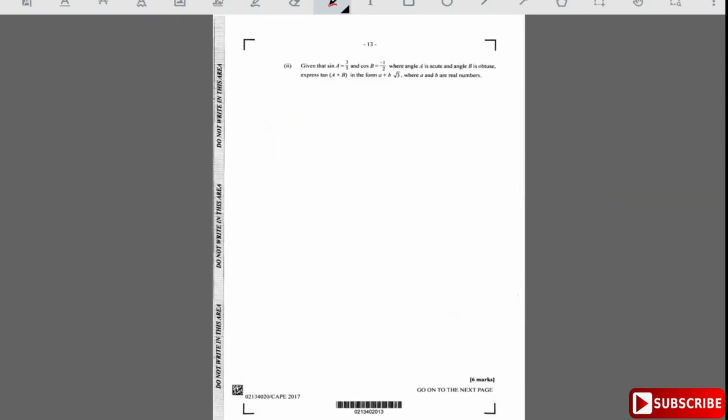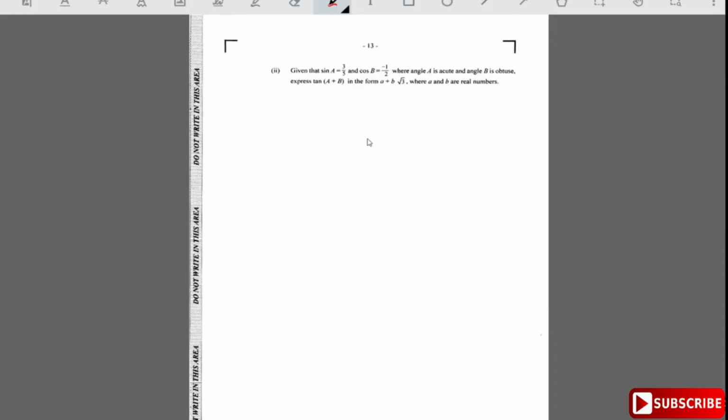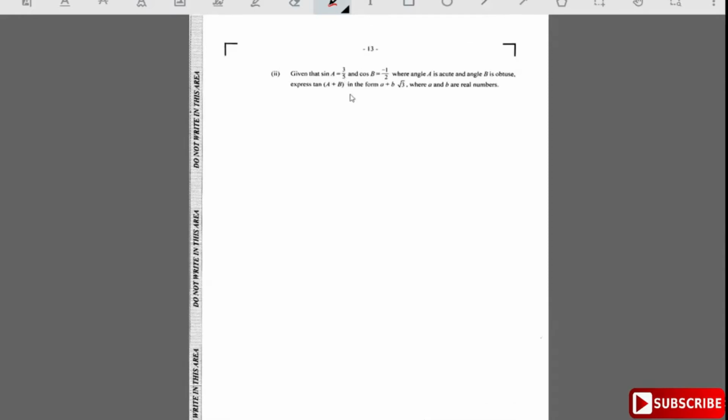Part 2 says, given that sine A is 3 over 5, where A is acute and angle B is obtuse, find an expression for tan A plus B. I would just go ahead and work it out, but because they say obtuse, it throws me off. So I have to put a little diagram right here, a triangle in the second quadrant.